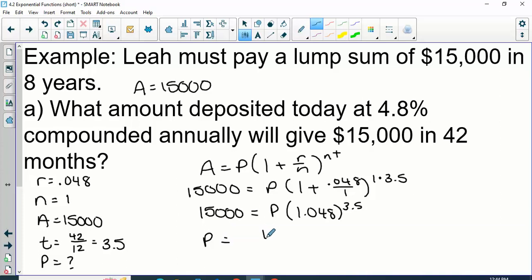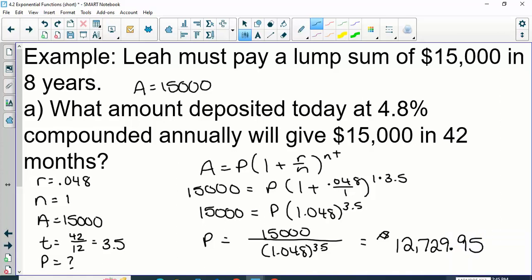So what I would do to try to avoid rounding error, I'm just going to type in 15,000 divided by the 1.048 to the 3.5 power. And we get $12,729.95.